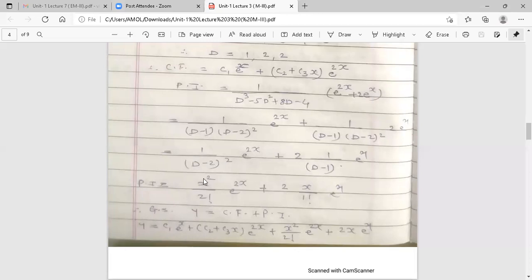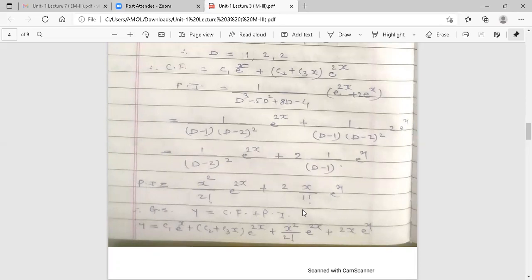So x square upon 2 factorial into e to the power 2x. And here, if we replace this D by 1, because the coefficient of the exponential function is 1, then it is a case of failure. Then multiply in the numerator by x, and differentiate the denominator. The derivative of D is 1, and for the constant it is 0. So the derivative of the denominator is 1.